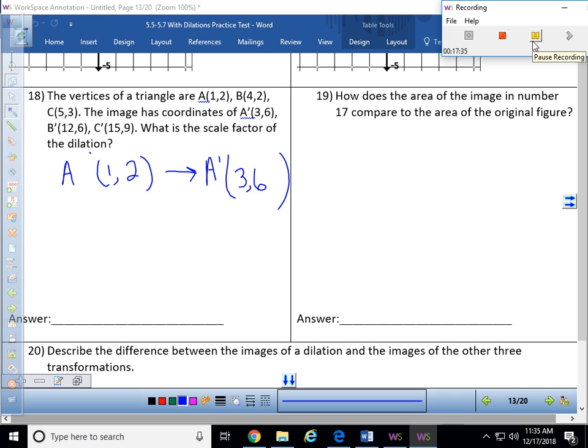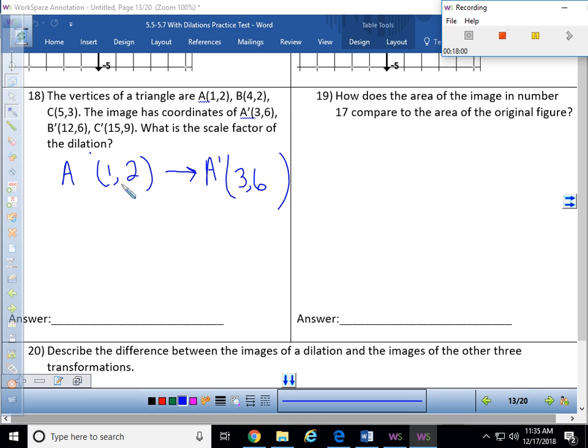Alright, so for number 18, it says the vertices of the triangle A, B, and C are those points. The image has coordinates of A prime is 3, 6, 12, 6, 15, 9. What is the scale factor of the dilation? Well, let's just look at A. We don't need to look at all the points.